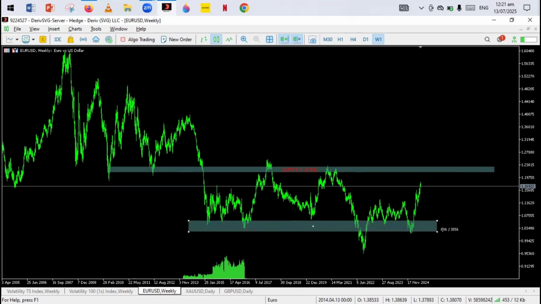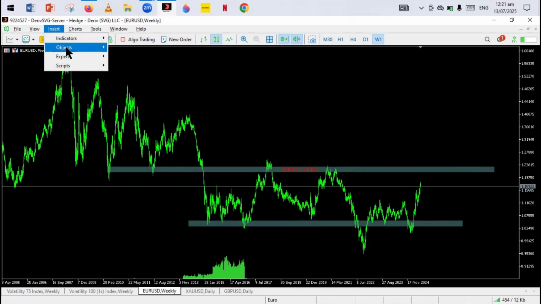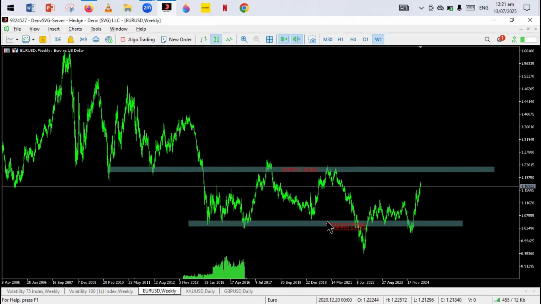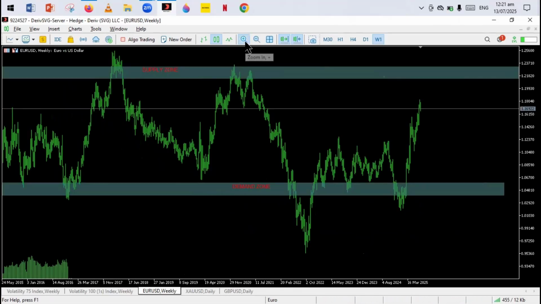That one is our demand zone. So currently price is moving from the demand zone headed to the supply zone.